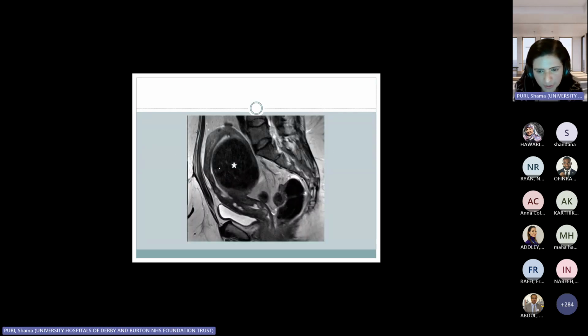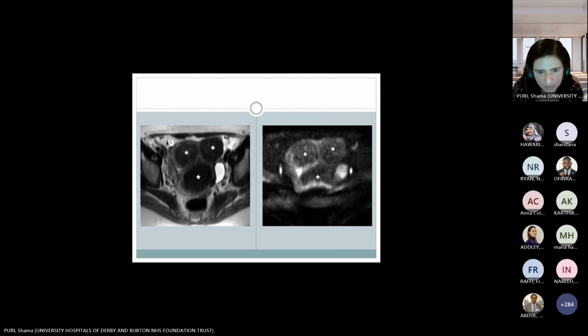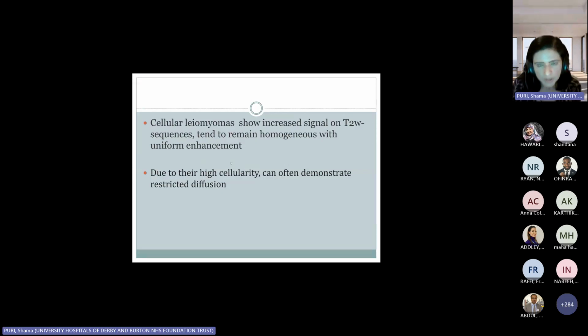This is the fibroid, absolutely low T2 signal, looks very dark. When I say low T2 signal, that's in comparison to the myometrium, and it's homogeneous and round. There are multiple fibroids here, and on diffusion weighted, they are low. So this is the blackout phenomenon.